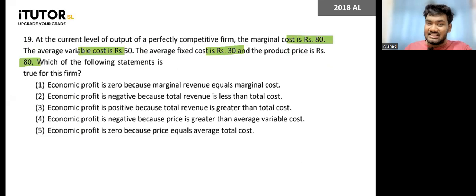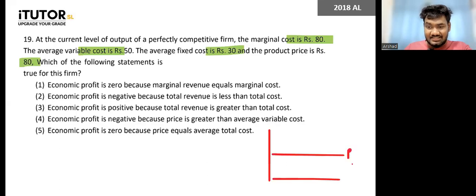Price is 80. What does that mean? This is the price, slash marginal revenue, and the marginal cost. So where are you guys? Are you at the profit maximizing level? Yes, right? The price and marginal revenue are equal to each other.